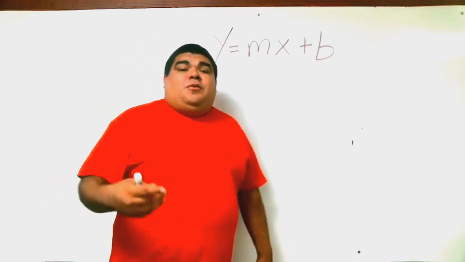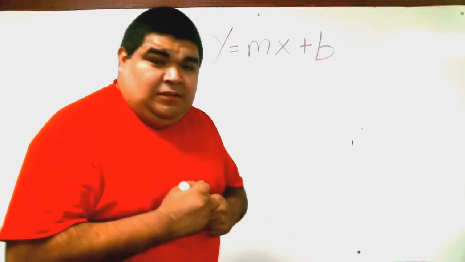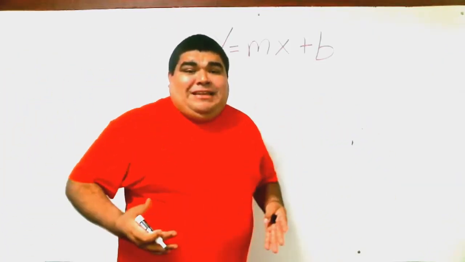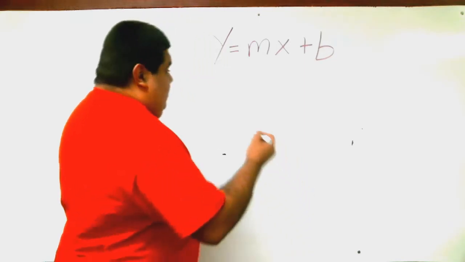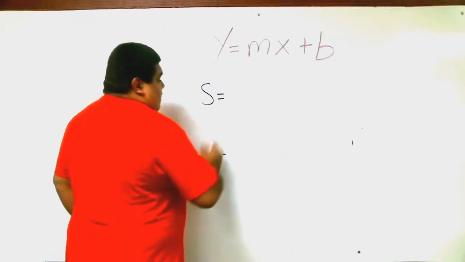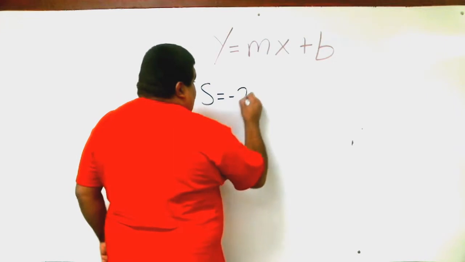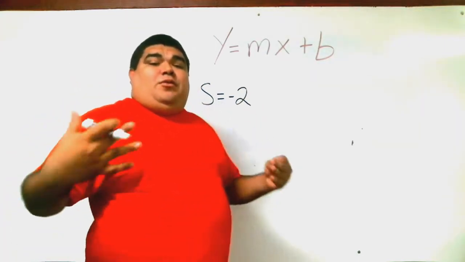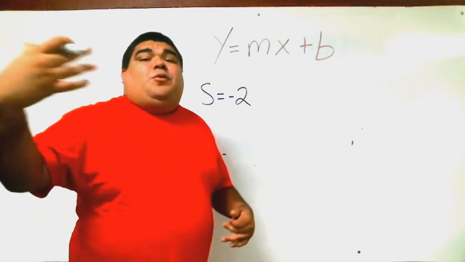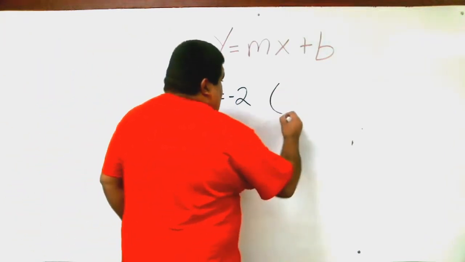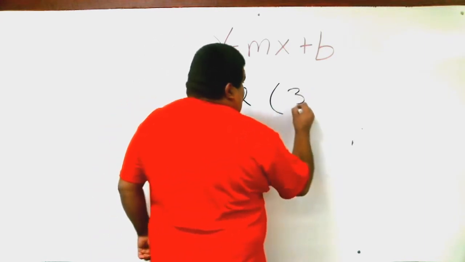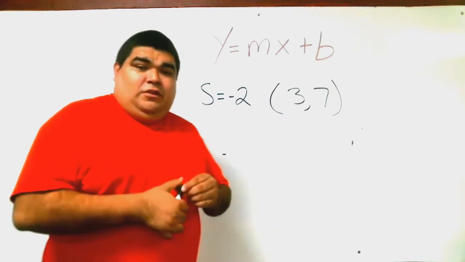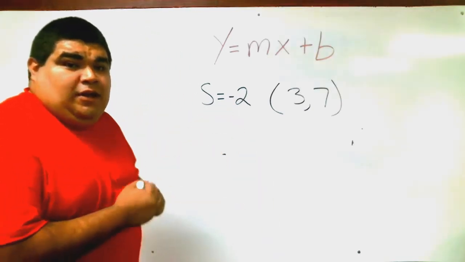The example for today luckily already gives us the slope, so we don't really have to find it. The slope equals -2, but the equation we're going to create passes through the point 3, 7. The slope is -2.